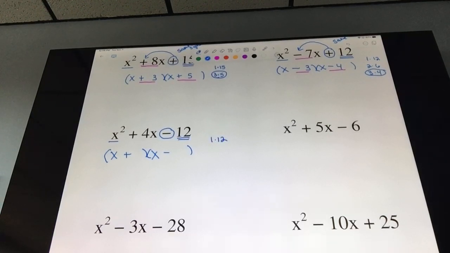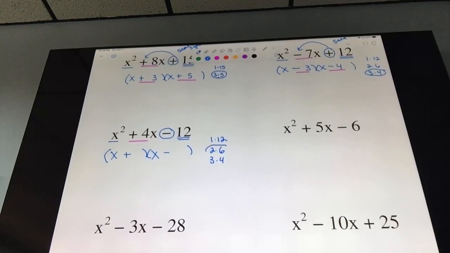So I talked about my options already for 12. 1 times 12, 2 times 6, 4 times 3. This time I have opposite signs. I have a plus sign and I have a minus sign. So I need to find the pair that's going to give me +4. But this time they have to differ by 4. So which pair of numbers does that?